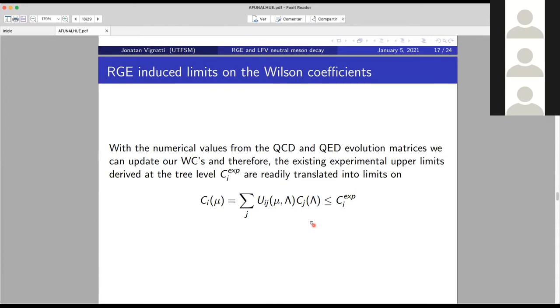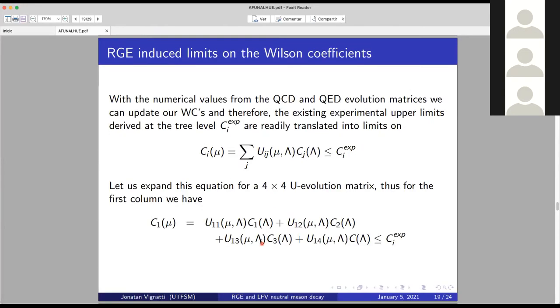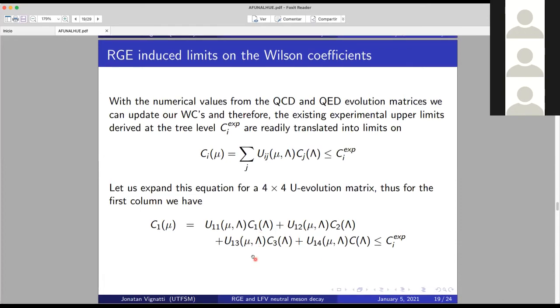For example, let's take a 4 times 4 evolution matrix U. How can I find the new enhanced Wilson coefficients C1, C2, etc.? We can just take the first term, neglect the others, and solve for C1. So this goes down, basic arithmetic, and that is how we can find this.